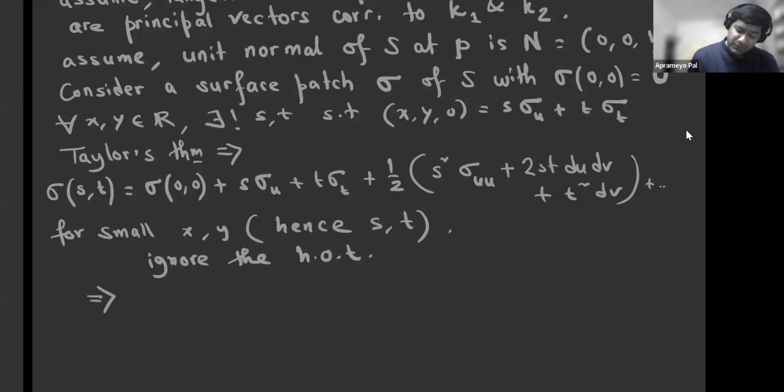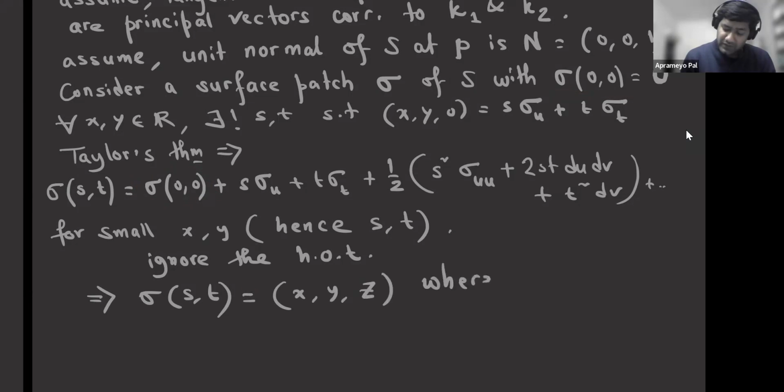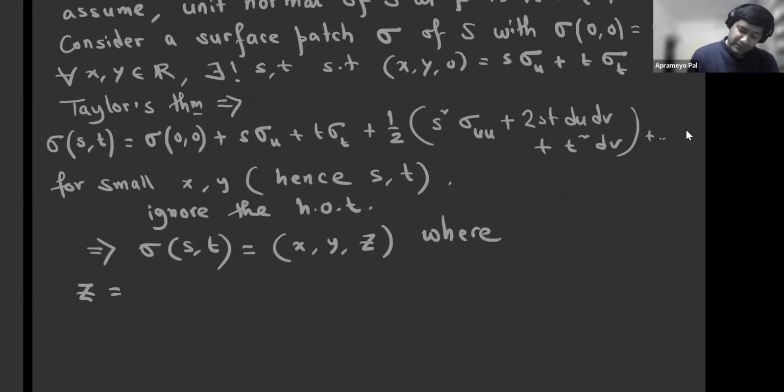So this gives you that sigma(s, t), where sigma(0, 0) is 0, that's what you are assuming, is actually (x, y, z), where z is half of this whole part.